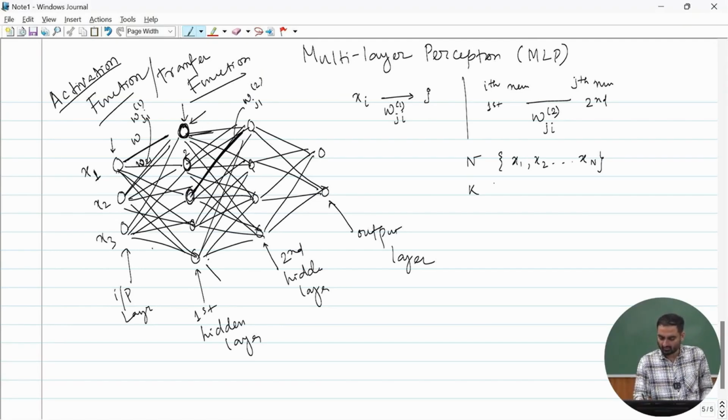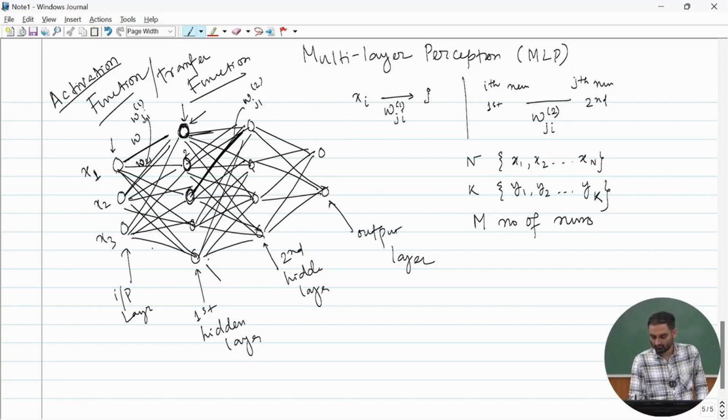There are k number of outputs, y1, y2 ... yk, capital K, and there are, let's say, m number of neurons in a hidden state. And let us assume, just to make things simple, that there are layers and in every layer there are equal number of neurons, let's say m number of neurons.